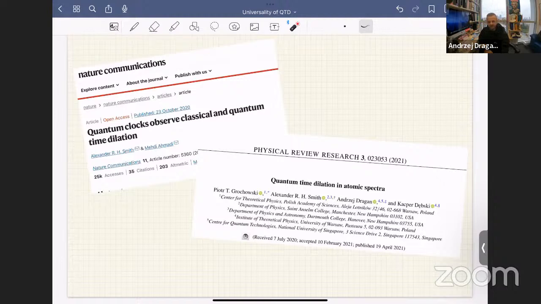We then studied this effect in different contexts, one of them being an atom that emits a photon, and we look at the decay rate of the atom, or emission rate of the photon, depending on the momentum state of the atom, and we considered momentum states that are superposed. And we found something that looks like non-classical behavior. So let me briefly explain the reasoning behind this.